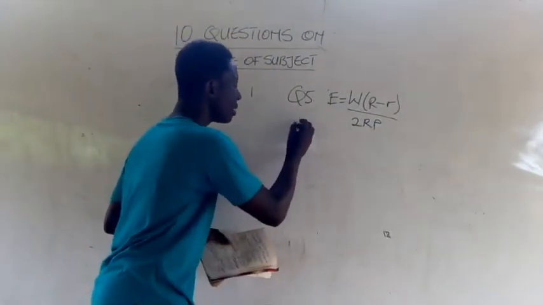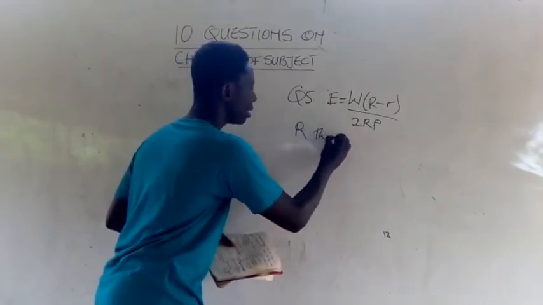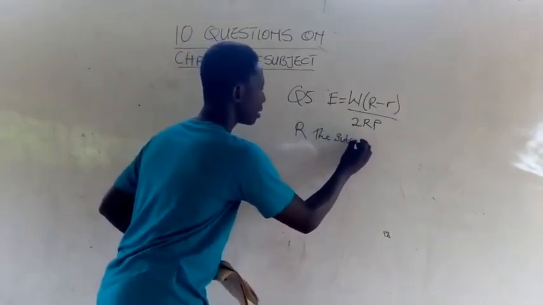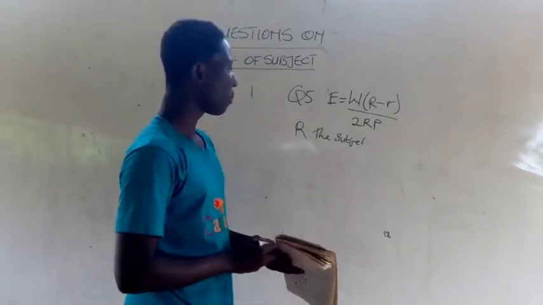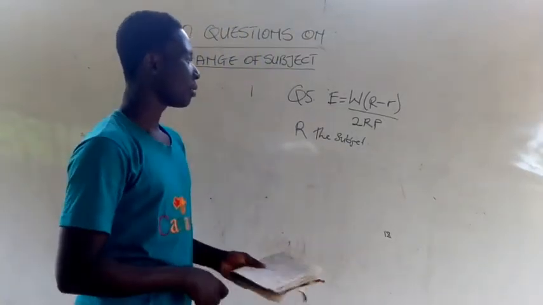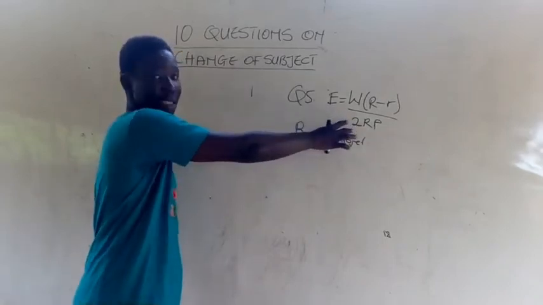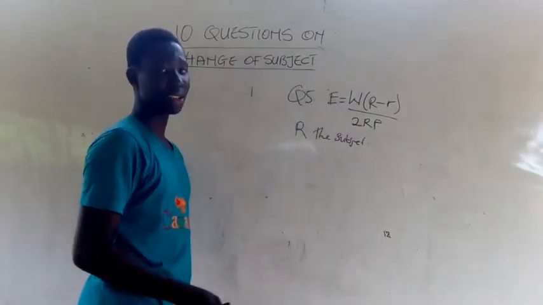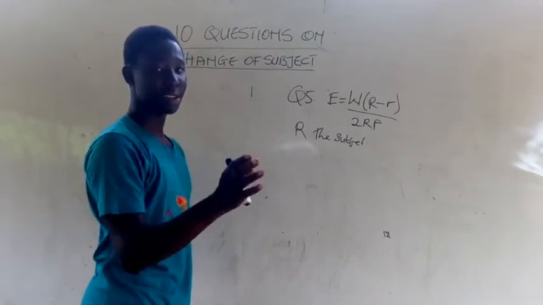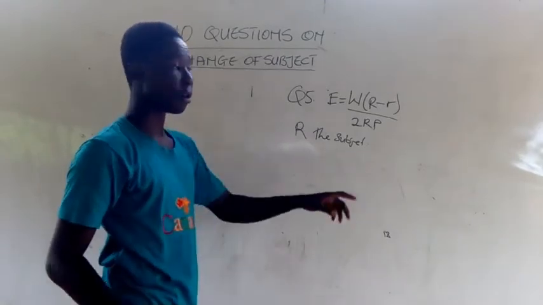So we have to make capital R the subject. Now, with the question, we are also having a fraction here, so we are going to multiply through with the LCM so that the fraction will go off.